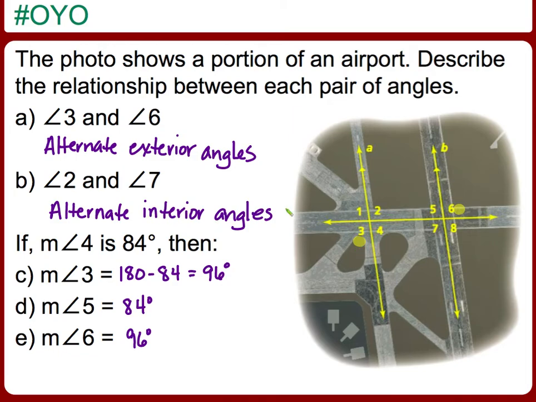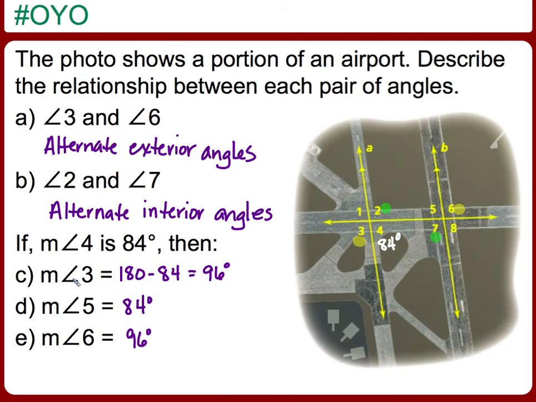And then we have 2 and 7. So here's angle 2, here's angle 7. They are on the inside of the parallel lines. So they're interior angles on the opposite sides of our transversal. So alternating interior angles.